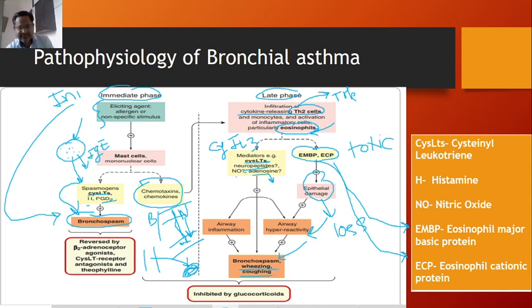And this mediator also causes airway inflammation, and both of these cause the symptoms: bronchospasm, wheezing, and coughing. So this is all about the pathophysiology of bronchial asthma.